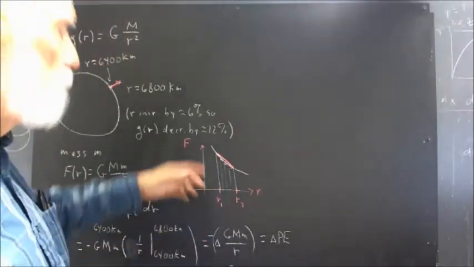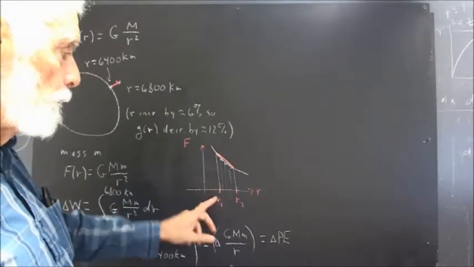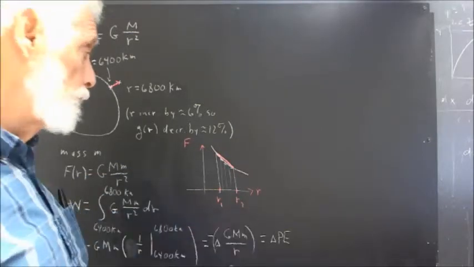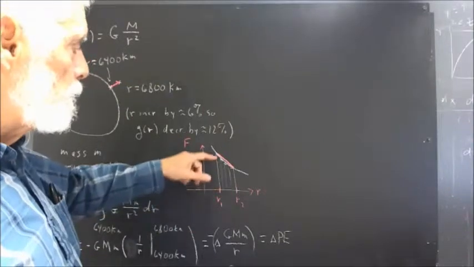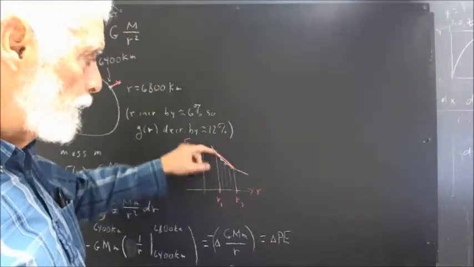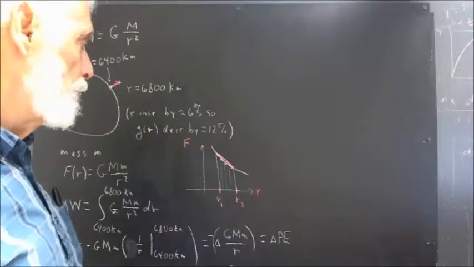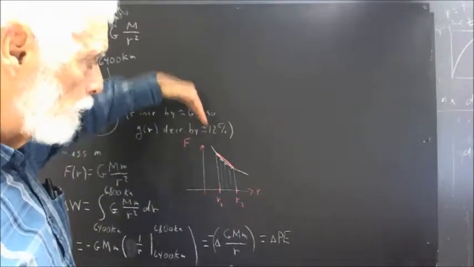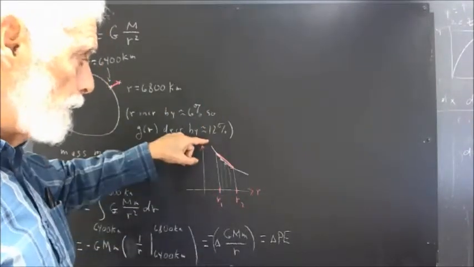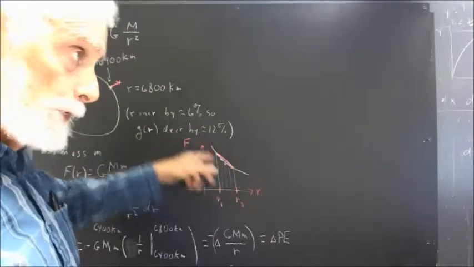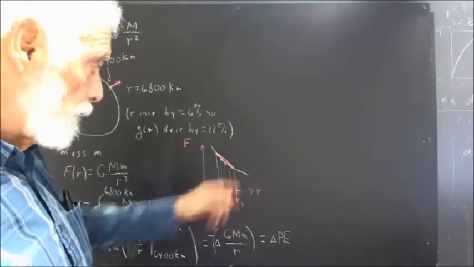We could average these two forces and multiply by the distance R1 to R2. The average that we would get from this straight line approximation, if this is the way the curve looks, isn't too much different from the actual average force as calculated from the area under the curve.